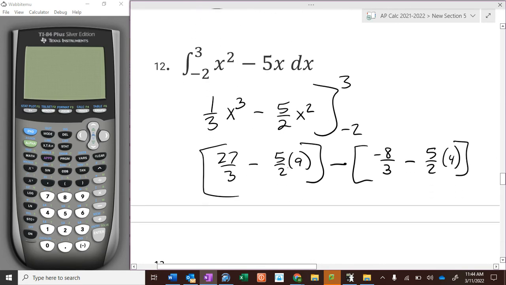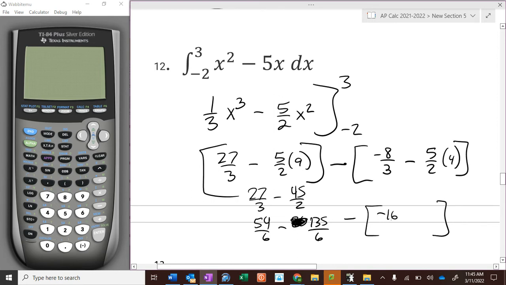All right, so 27/3 minus 45/2 is the same as 54/6 minus 135/6, minus -16/6 minus 66, so that's -76/6.